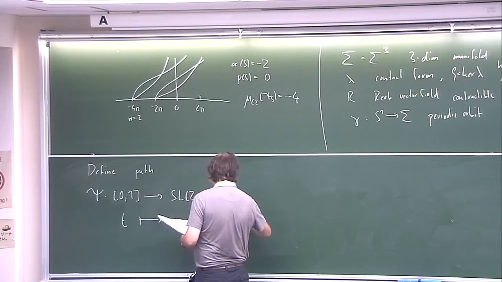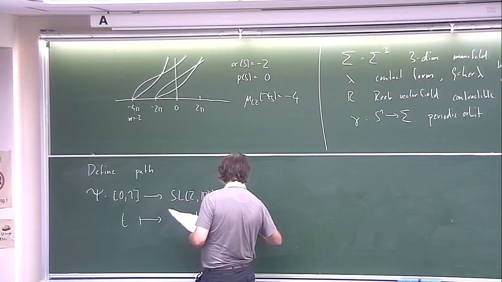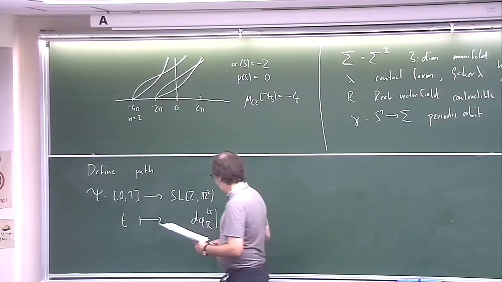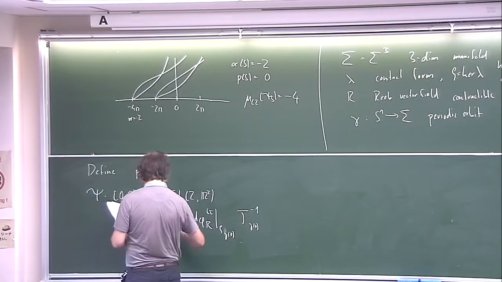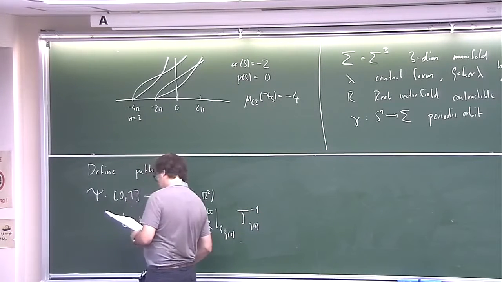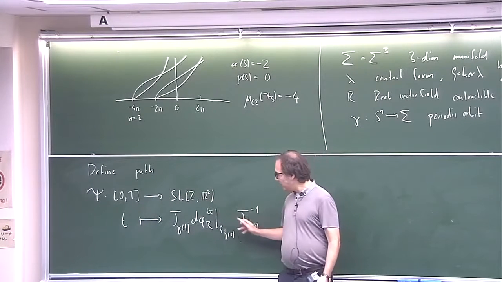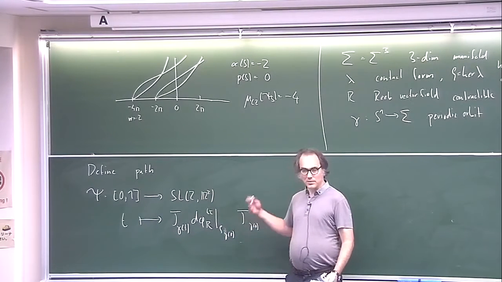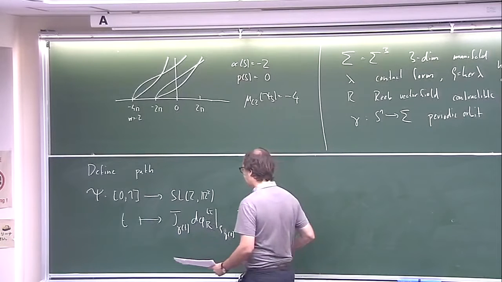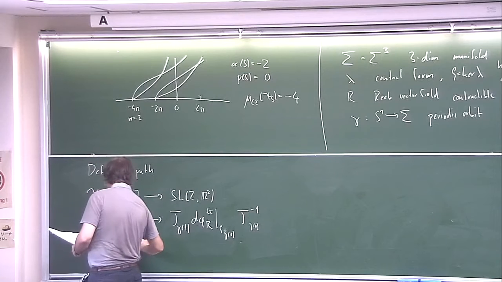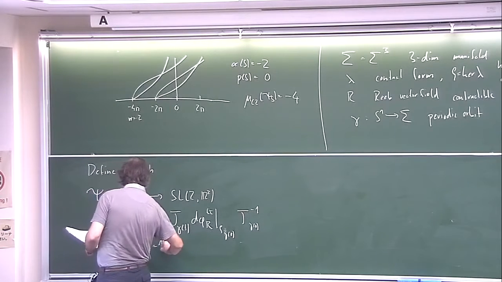And then we'll use the trivialization, the inverse, and then backwards. So we conjugate with the trivialization, and so we get a path of symplectic maps from C to C. And as a note, psi of 0 is the identity.